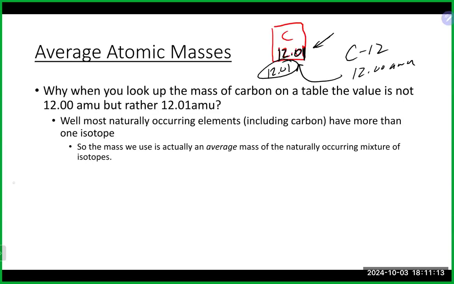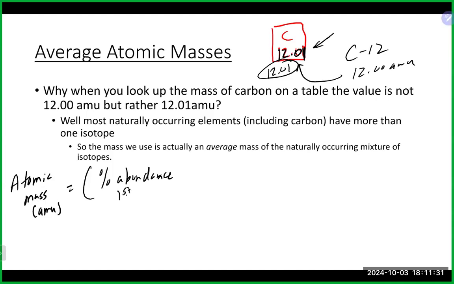We calculate the atomic mass in AMU by taking the percent abundance, sometimes called the relative abundance, of the first naturally occurring isotope of that element, and multiplying it by the atomic mass of that isotope first.